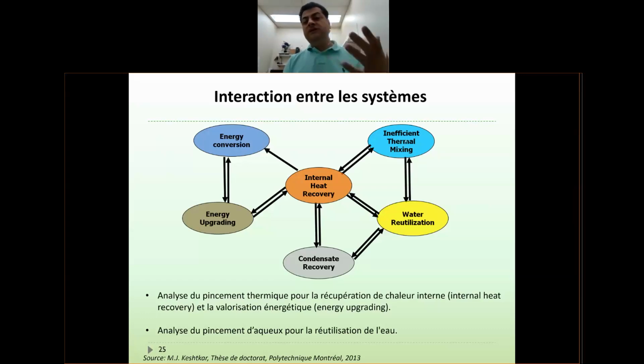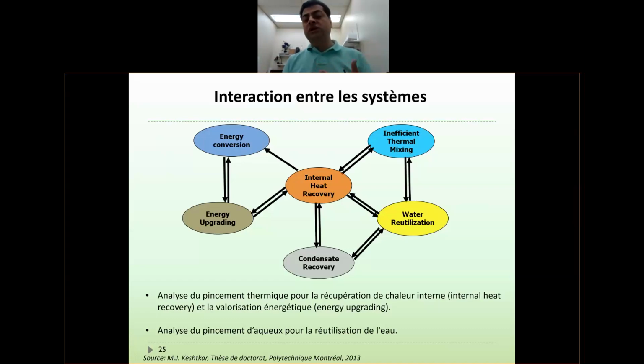In the water network, you have water streams from different concentrations or purities and different temperatures. Something that we need to consider is that we should not mix the water from different temperatures in a very inefficient way. You have to be careful.